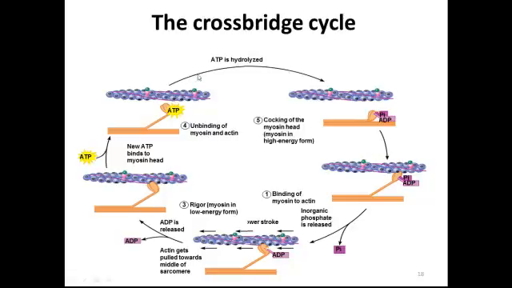Then when ATP is hydrolyzed, the enzyme catalyzes the ATP hydrolysis, and the head of the myosin is cocking back. So actin and myosin are ready for the next cycle. So that is a cross-bridge cycle.